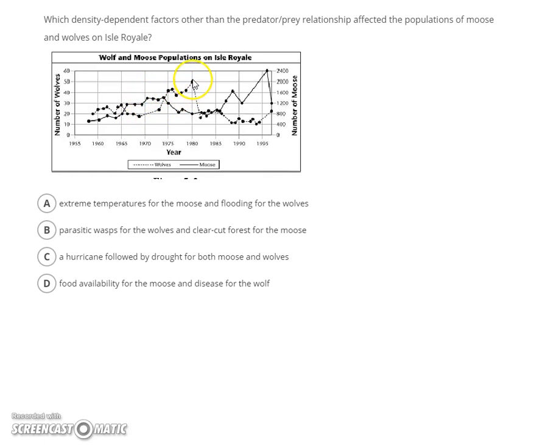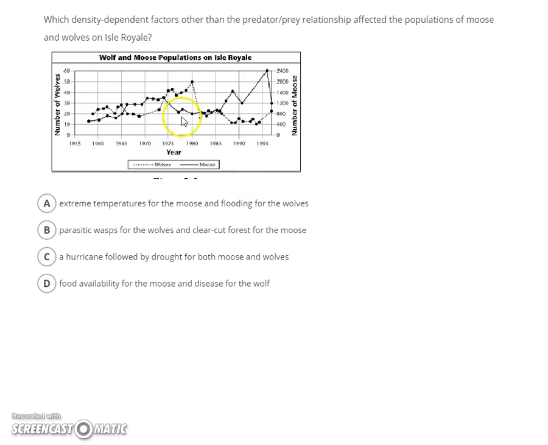This is a big increase in wolves, and the moose population shrinks back down. And the moose population shrinking means the wolf population will also drop again because there's less food. And so those two are very related to each other. You can kind of see the swings and kind of explain why they might be reacting to each other.